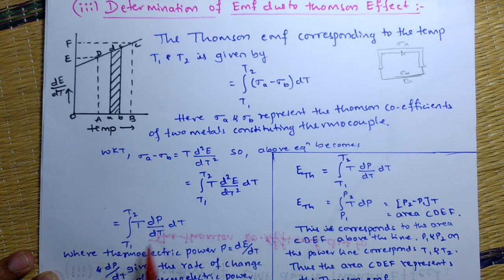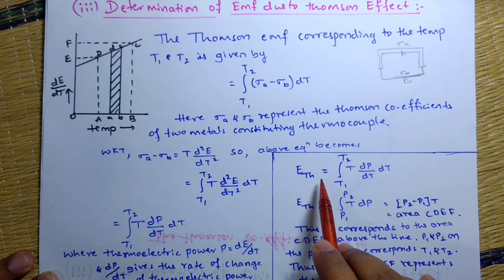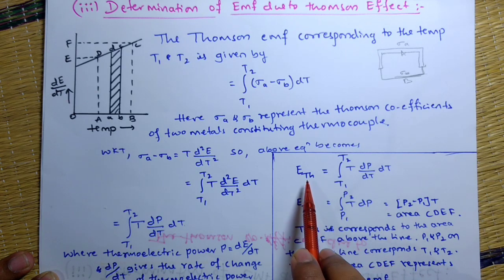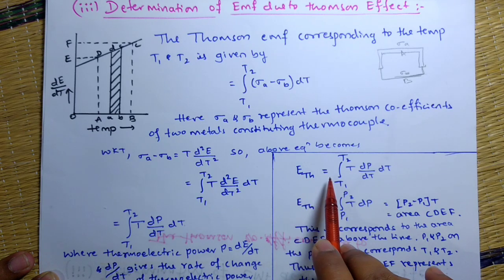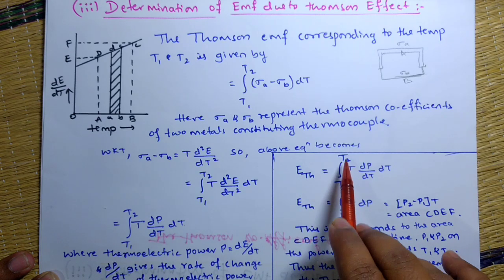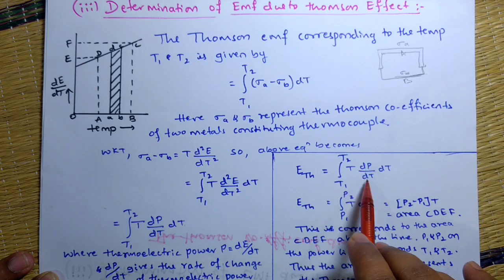This dP/dT gives the rate of change of thermoelectric power with temperature, right? Then the EMF due to the Thomson effect is equal to the integral from T1 to T2 of T into dP/dT into dT.